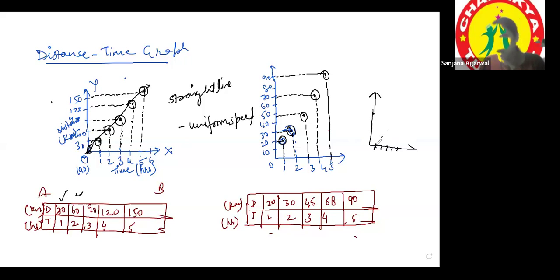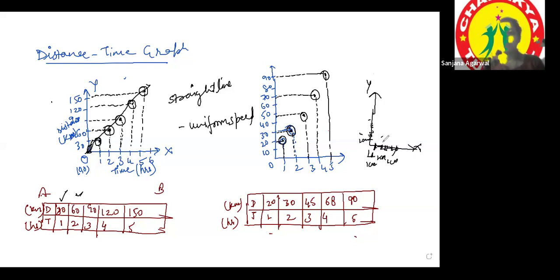The first mark that you put from the beginning, suppose with the help of a ruler you are taking 1 centimeter, then every next mark should lie at the next 1 centimeter only. Are you getting it? And the same marking should be on the y-axis. Every successive mark, on the x-axis or the y-axis, if you have taken 1 centimeter as your one unit, let it be 1 centimeter on both axes.